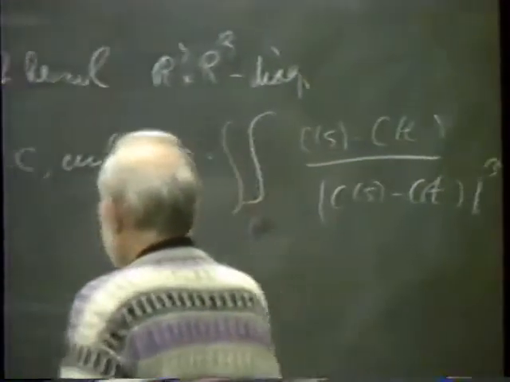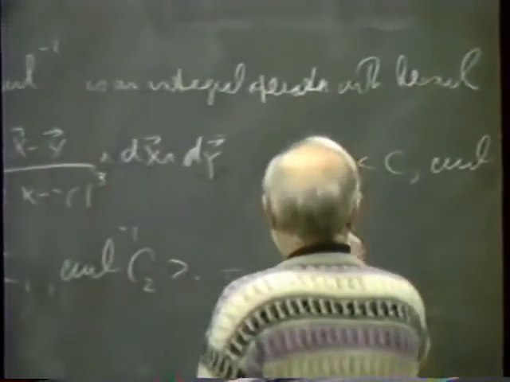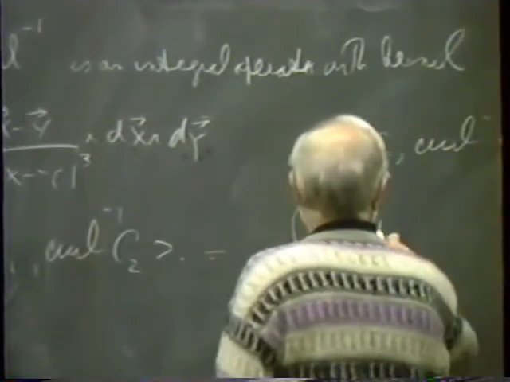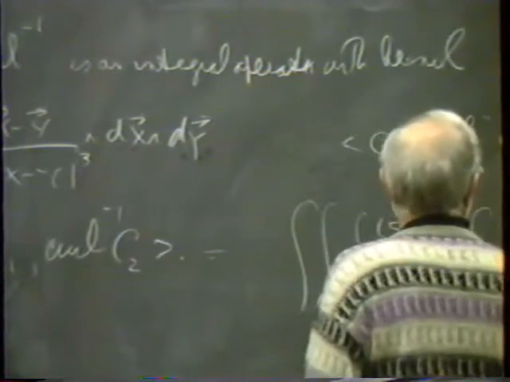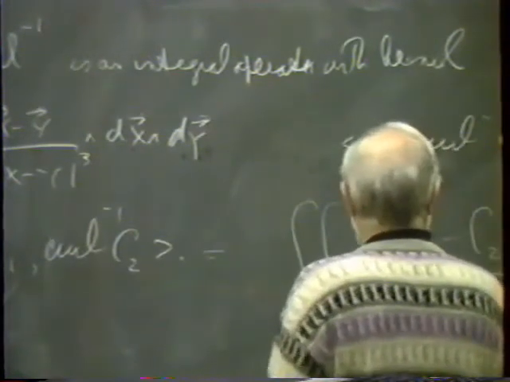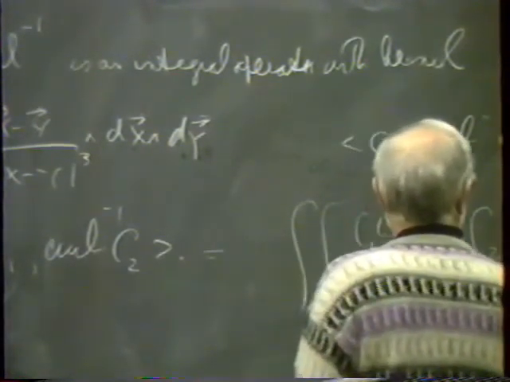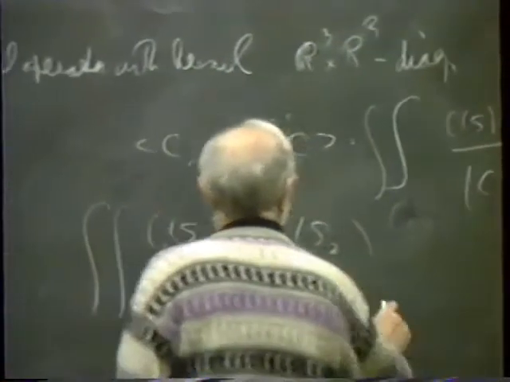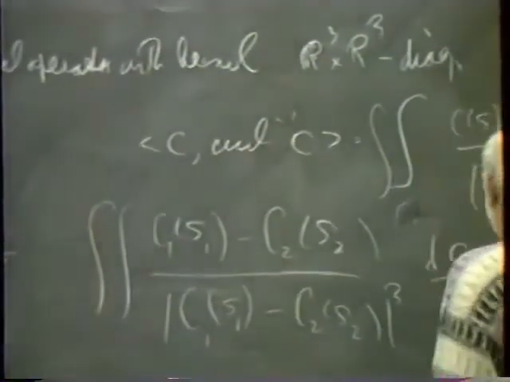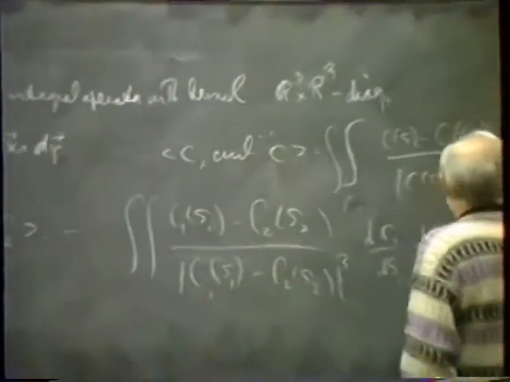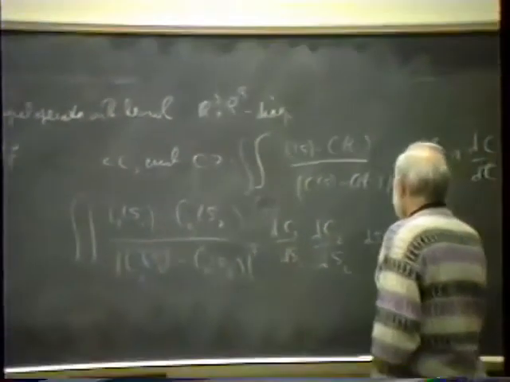And if you check, you see what this equals is the double integral of (C1(s1) minus C2(s2)) cubed, dC1/ds1, dC2/ds2, ds1 ds2, changing variables.